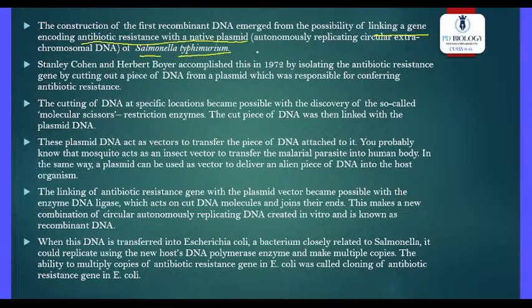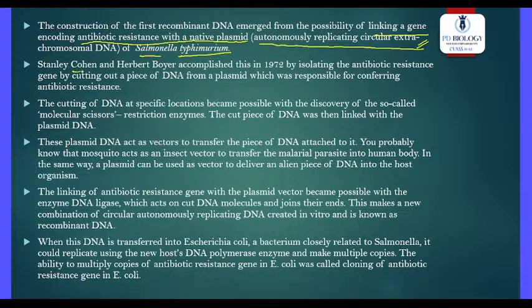So that's what a plasmid is, that is written in the bracket. Autonomously replicating circular extrachromosomal DNA is called a plasmid. So that's the important sentence to remember what a plasmid is.